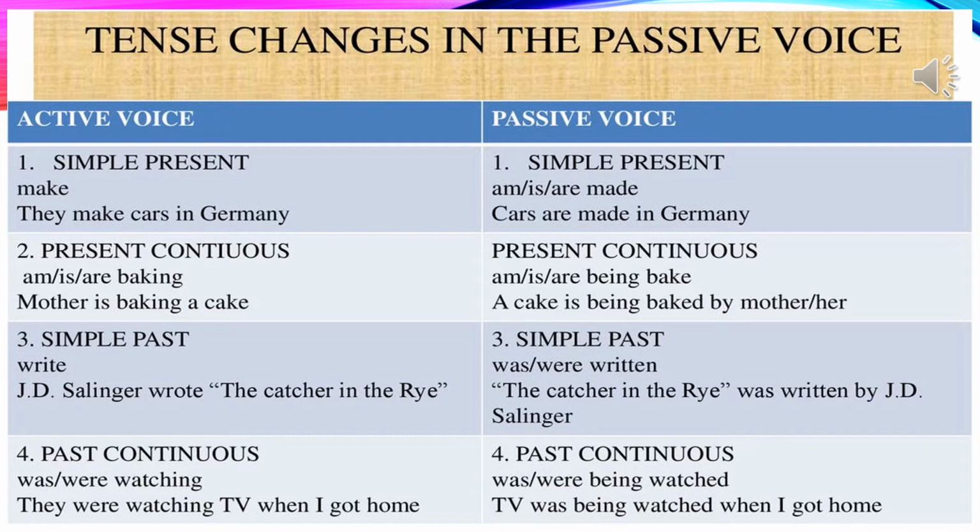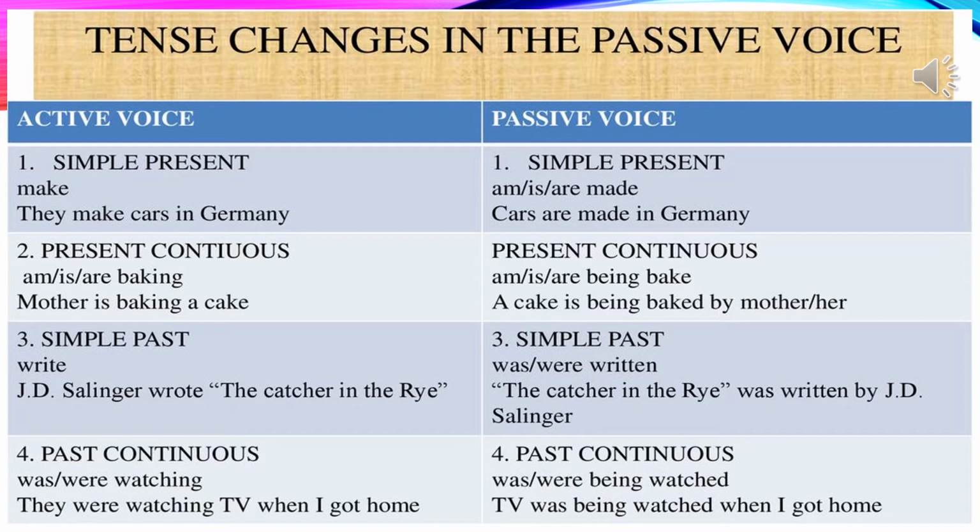See how it is changing in passive voice. A cake is being baked by mother. So here, to change a present continuous tense to passive voice, we can use subject plus is or am or are plus being plus V3 plus by plus object.